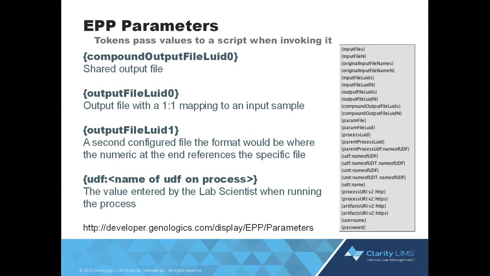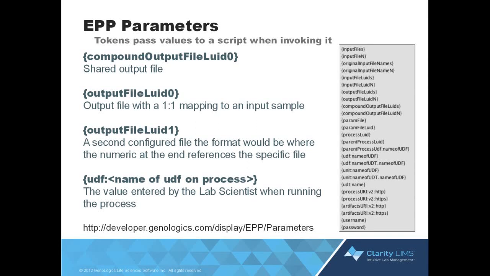Incidentally you'll see this for real when I explain how the exercises can be completed. There's a few important ones that as API scripters we need to understand, and this is the idea of these output file LUIDs. There's a few illustrated here. Shared output files, the token name there is compound output file.